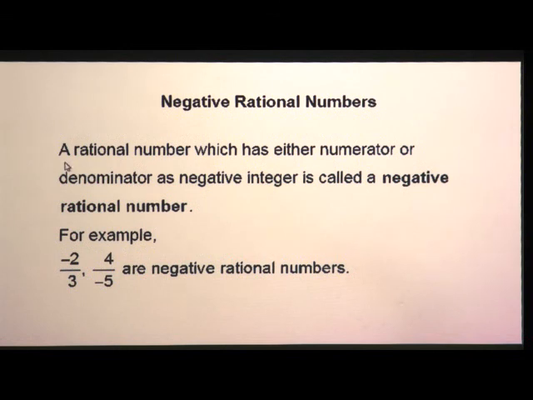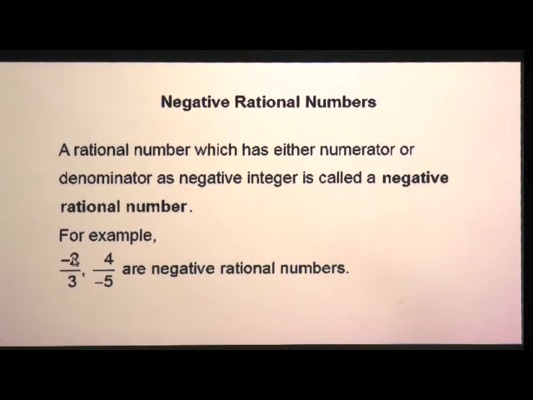Again I will repeat, a rational number which has either numerator or denominator as a negative integer is called a negative rational number.